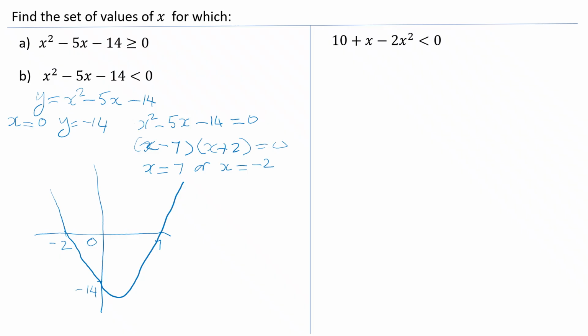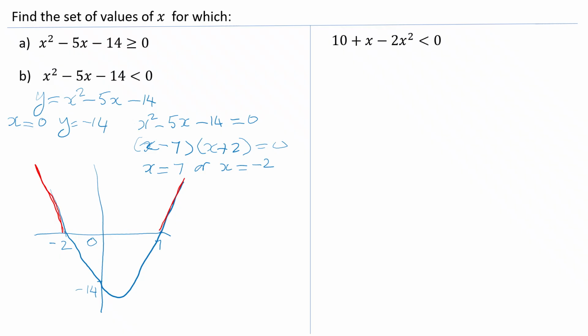Now you need to mark the inequalities. x squared minus 5x minus 14 greater than or equal to 0. So greater than 0 is above the x-axis. So this part above the x-axis. This means the y value is positive. So above the x-axis, y value is positive, this part of the graph.